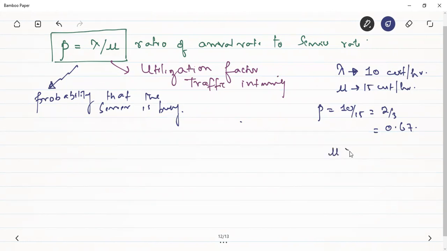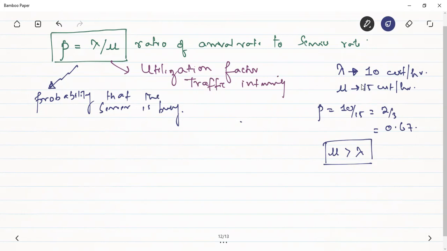Mu is greater than lambda, that is, the rate at which the customers are getting serviced is greater than the rate at which the customers are arriving. Obviously, if only 10 arrive in an hour but many more can be serviced, then definitely there will be some relaxed time, the time during which the server will be idle.